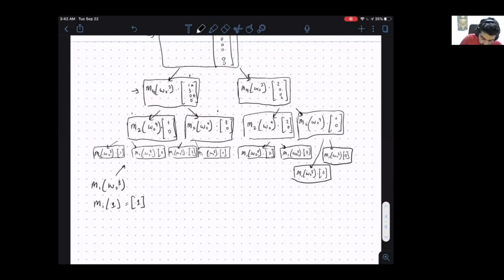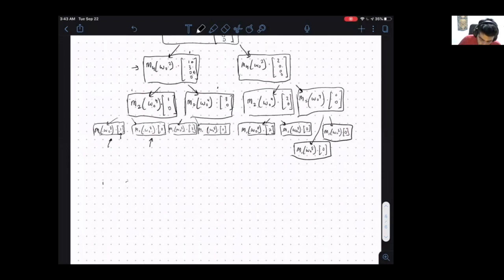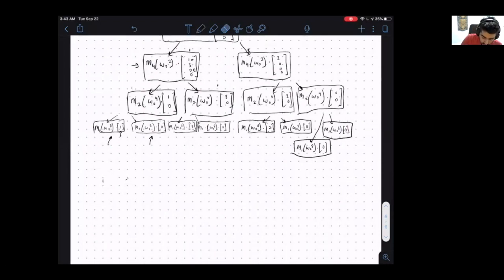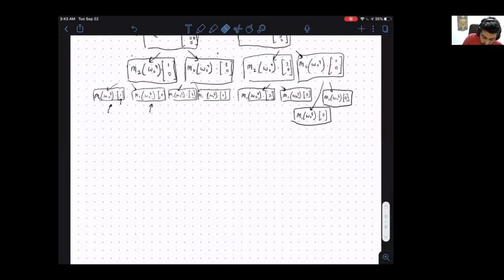Okay, so all of these problems at the base layer pretty much just end up being the matrix 1, which is m1 of omega naught to the 8 times whatever element is being multiplied by m1 of omega naught to the 8. I know it's a little bit hard to see, but essentially the base layer is exactly these terms.